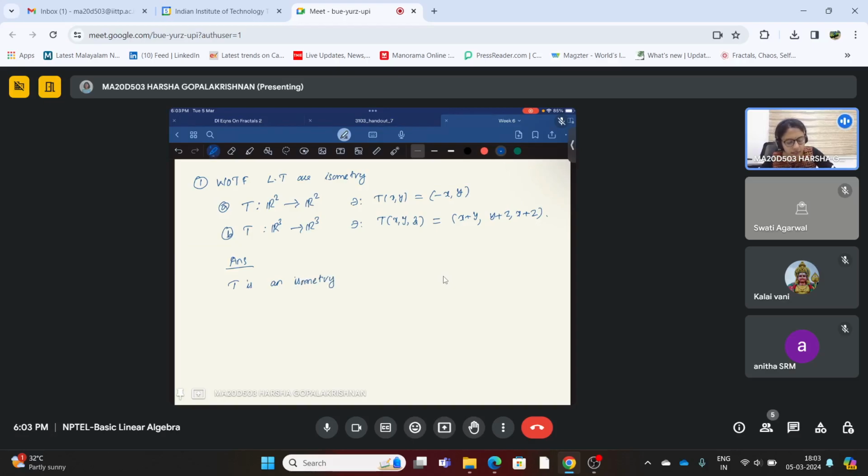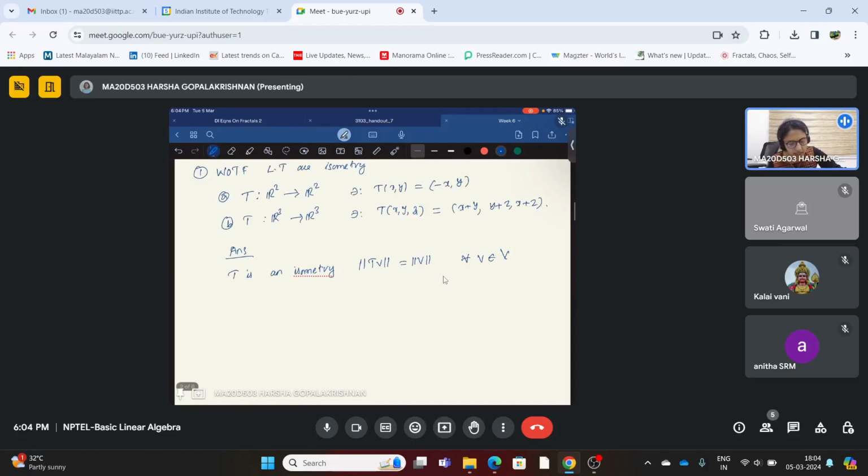One definition is norm of Tv equals norm of v. It's an isometry if for every vector v in a vector space V, norm of Tv is the same as norm of v. Then we can say it is an isometry. Okay, so here we will start with the first question.